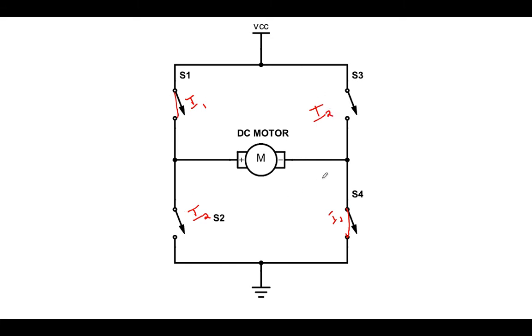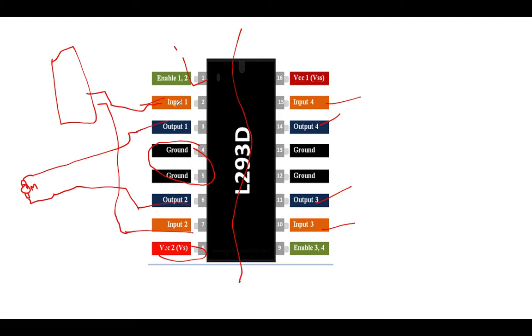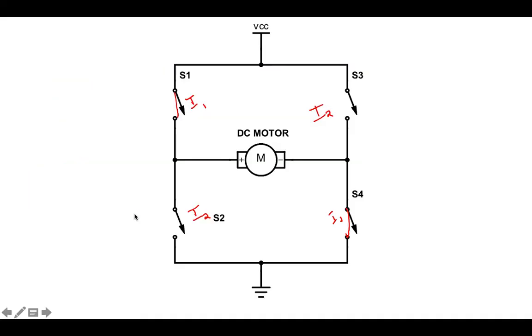So here we need 4 controls, but as they have made a pair, only 2 controls were required. So those 2 controls are given here, input 1 and input 2. Input 1 will control S1 and S4, and input 2 will control S3 and S2, so that this output 1 and output 2 were connected here.